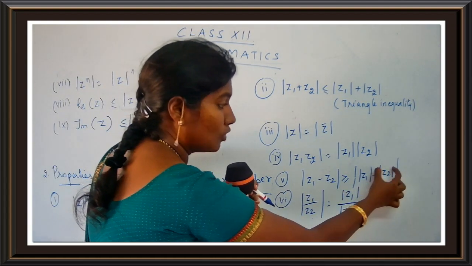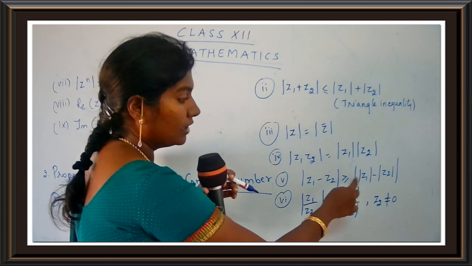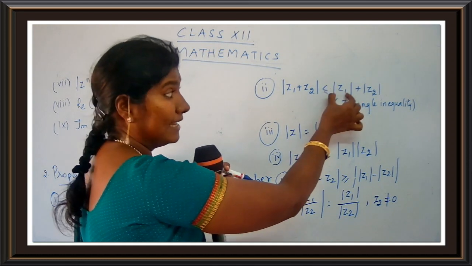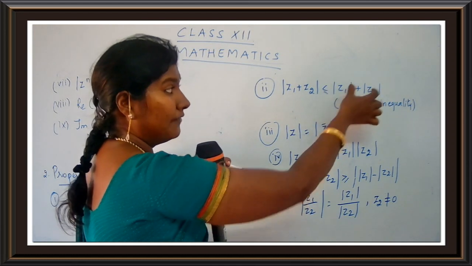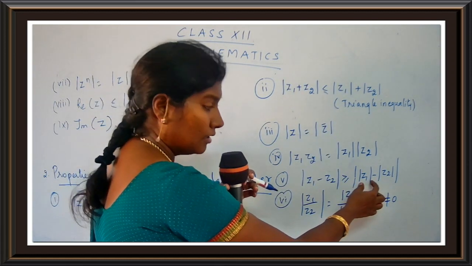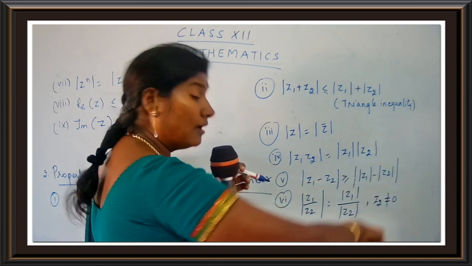Here we are using a modulus for both, but here we are just writing the modulus of Z1 and the modulus of Z2 and adding them. But here you have to write the modulus of Z1 and modulus of Z2 separately and take a common modulus for both. Are you clear, children? I hope you are able to differentiate the properties.